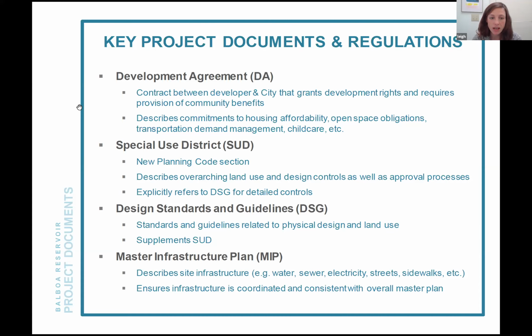As you can imagine, as the site is currently a surface parking lot, in order to serve a new residential community, there will need to be installation of brand new water, sewer, electricity, streets, and all the utilities that are required for residential use. So the master infrastructure plan is a collaboration of all of the city's infrastructure departments to ensure that the site is being laid out correctly and that the site can be served by all of the services that it will need.